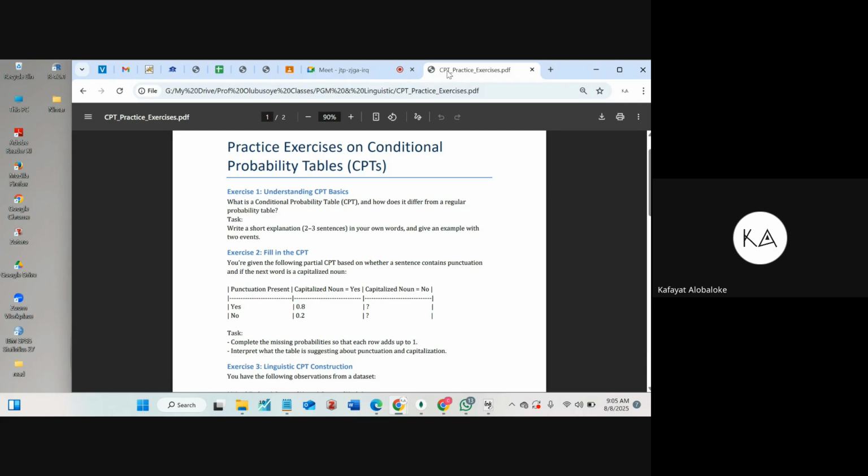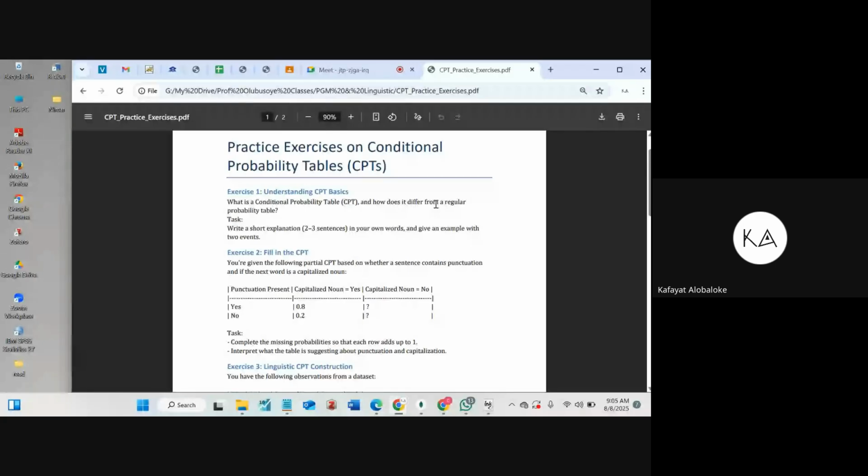So that answers exercise 1 for us. Now let's move to exercise 2. You are given a partial conditional probability table based on whether a sentence contains punctuation and if the next word is a capitalized noun. In most instances in an English sentence, when a sentence contains a punctuation mark, the next word will most likely be a capitalized noun.